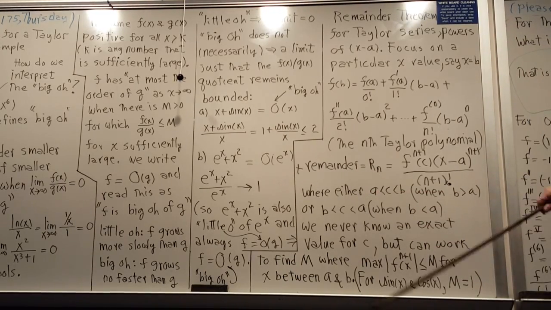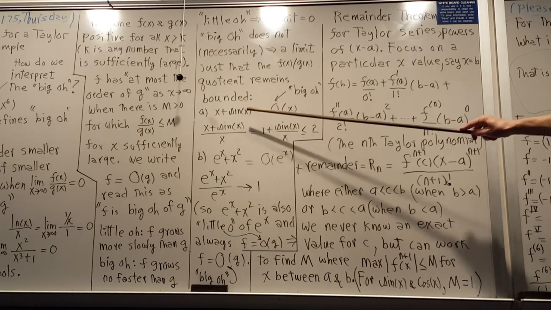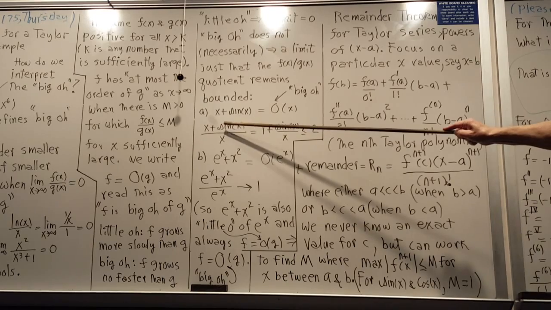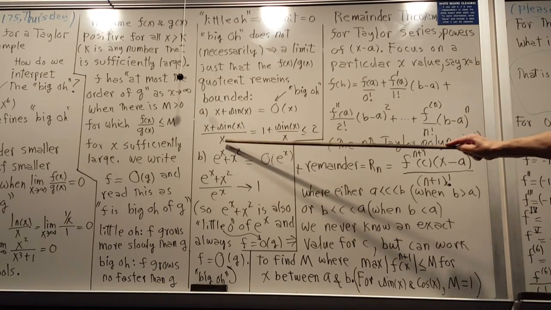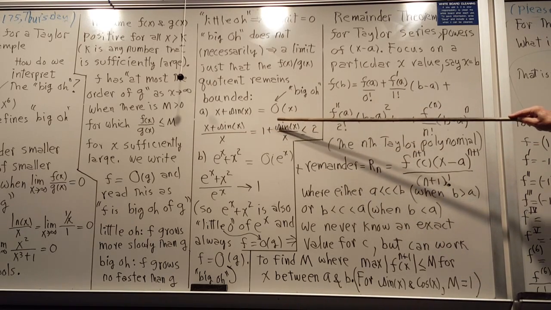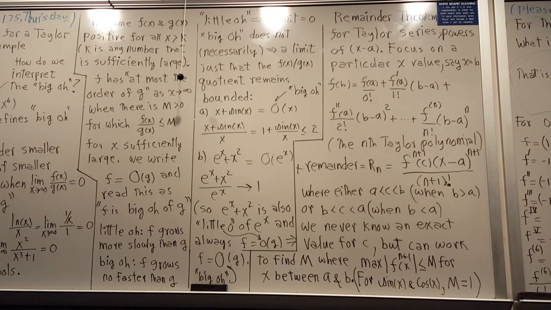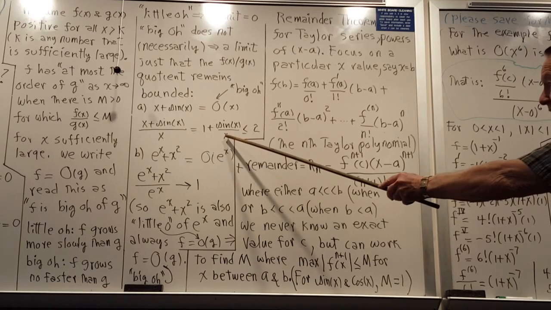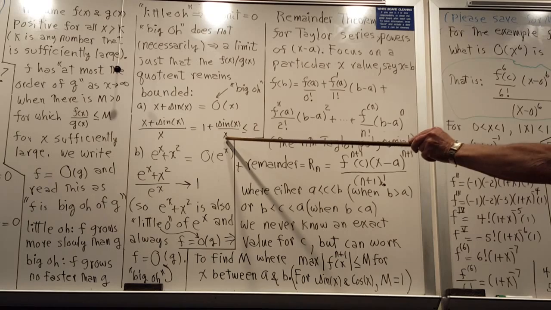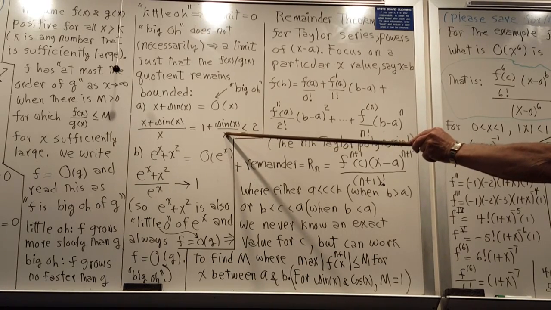So, for example, x plus sine x is big O of x, because if you set up your quotient and divide the x into that one, you know that sine x over x will stay less than 1 in size, because the sine is, and then as x becomes larger and larger, whatever this is being divided by is an ever larger quotient.